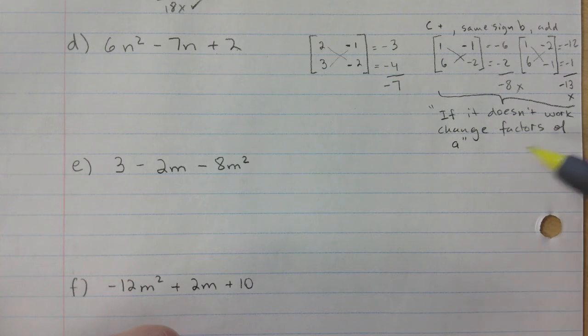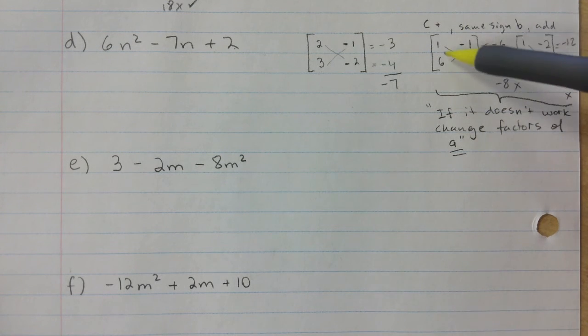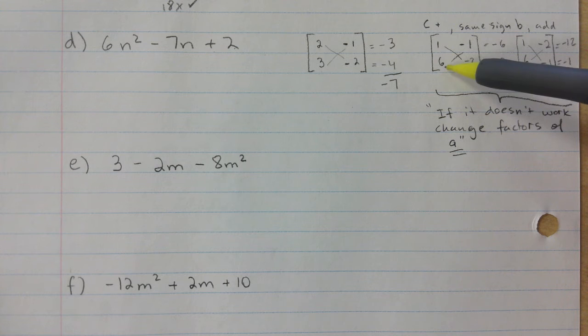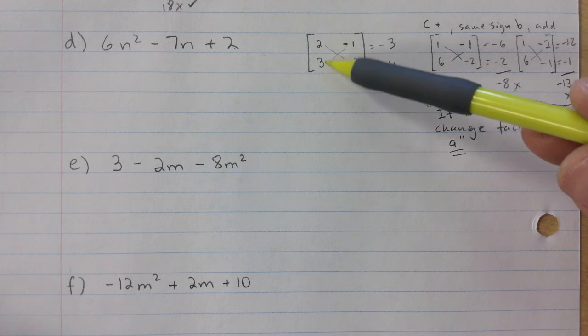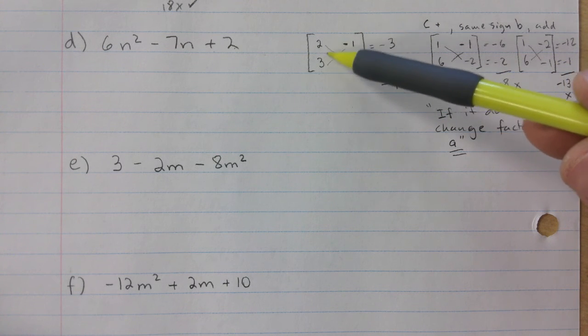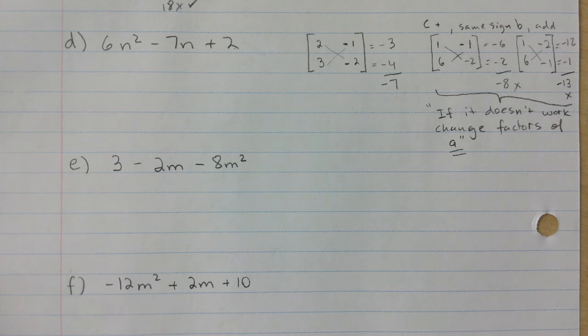If it doesn't work, change the factors of A. So every once in a while, you're going to have a case like that. But I would first try with 1 times the number and exhaust my options here with switching the second one, and then move over to, let's try 2 times 3. And then you basically run through the factors of A, right?